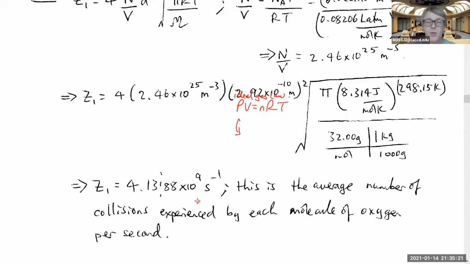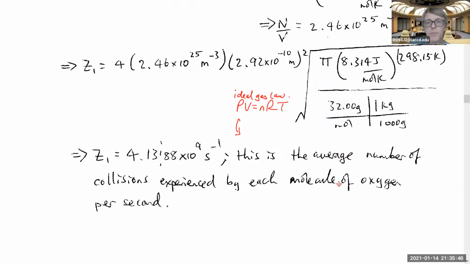I felt that calculation was important because not only does it plug and chug some numbers into the equation we've been looking at, but it also gives you a feel, an order of magnitude, for how busy you would be if you were an oxygen molecule, even at room temperature in a gas. So order of magnitude, a billion collisions per second. You would be advised to keep that in mind.